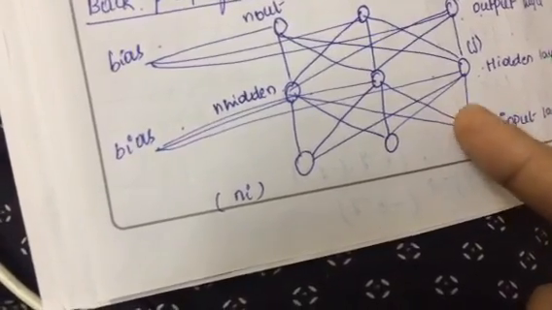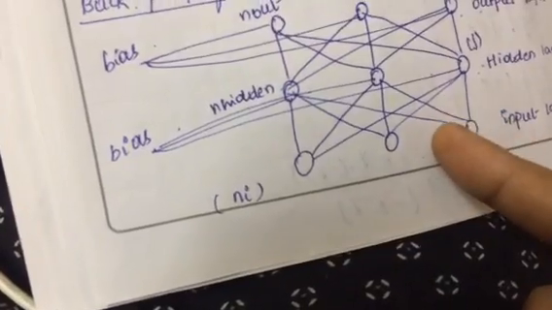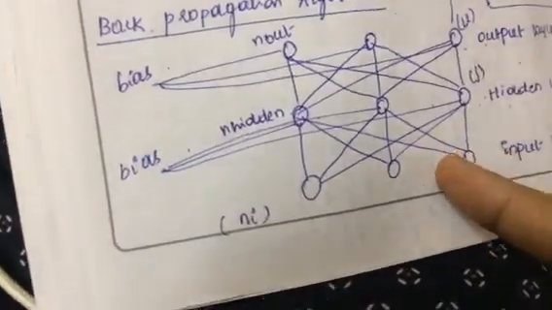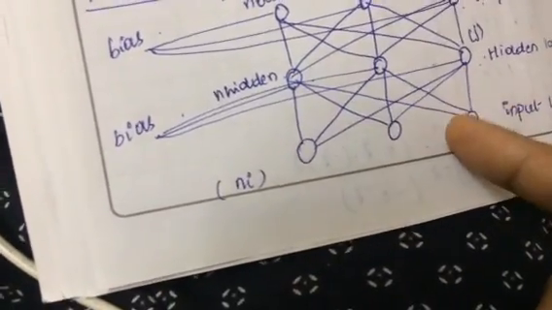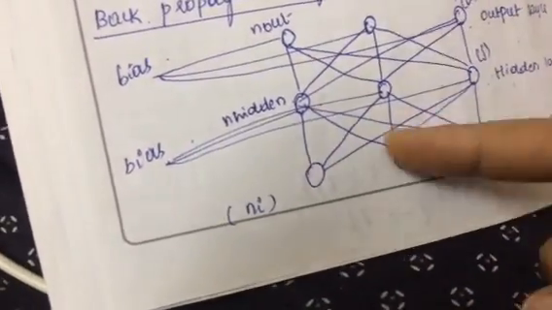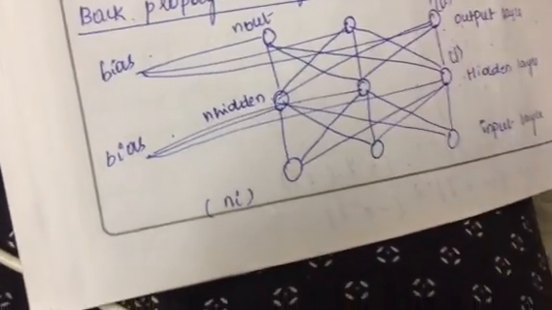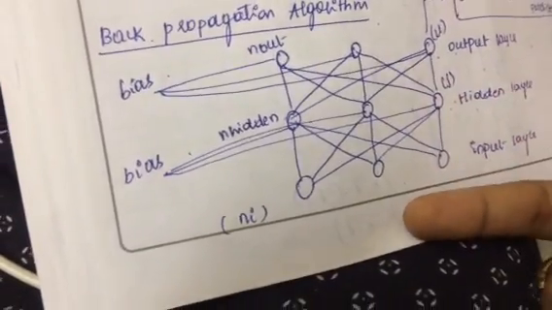Now delta w_ji equals eta, the learning rate, into delta j, the backpropagation constant to an input layer, into the input x_ji. So backpropagation is done from output to hidden, and from hidden to input. We have to write the equation in each stage. So this is the backpropagation algorithm.